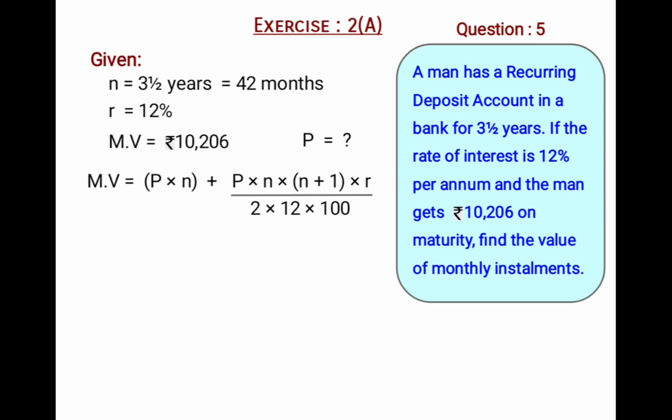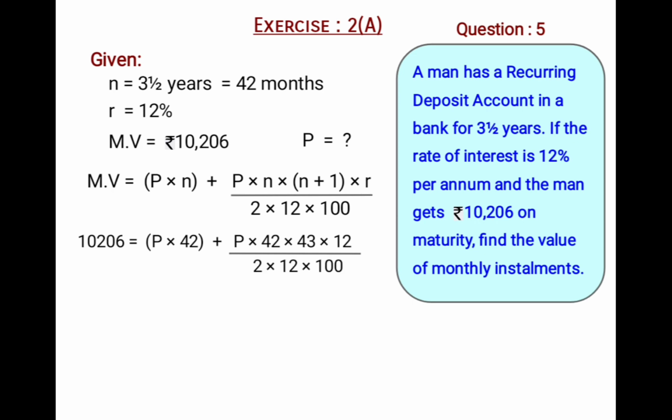We want to substitute the values. MV is equal to 10,206, which equals to, we don't know P value, so I am writing it as P, into N is equal to 42 months plus P into N 42 months, N plus 1, that is 42 plus 1, 43 into 12, whole divided by 2 into 12 into 100.